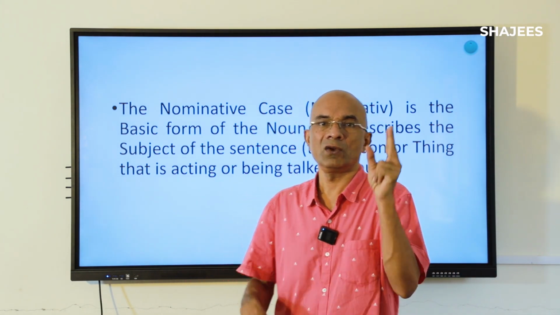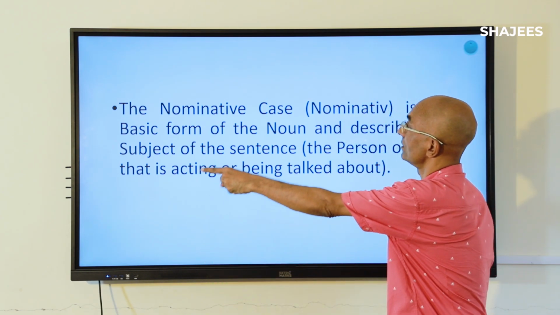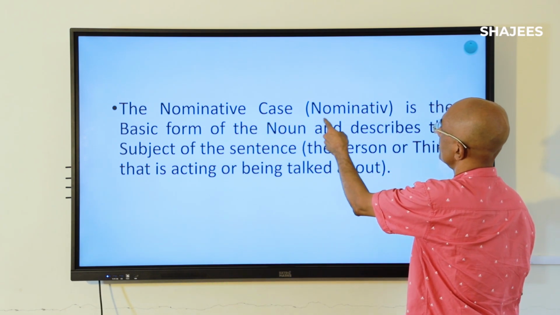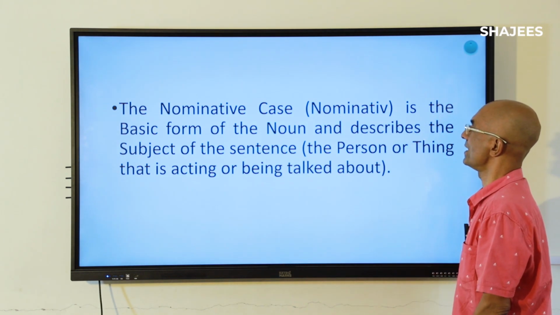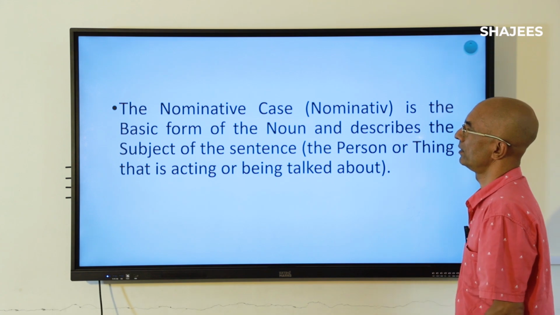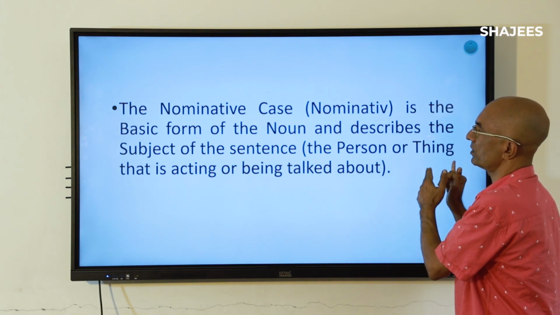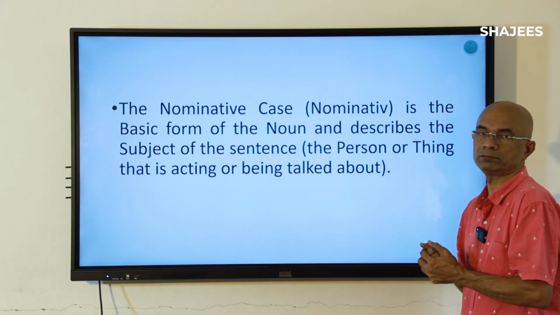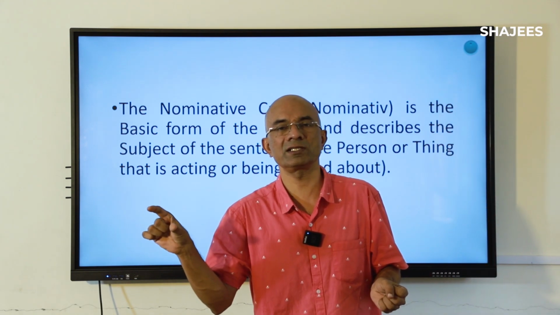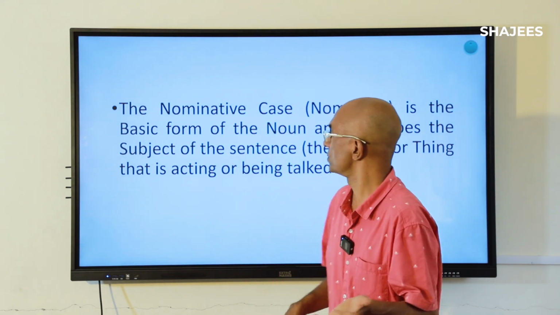But since I said we are going to do it in a systematic way, we just learn: the nominative case is the basic form of the noun and describes the subject of the sentence, the person or thing that is acting or being talked about. Simple. Nominative means subject of the sentence. That's all.